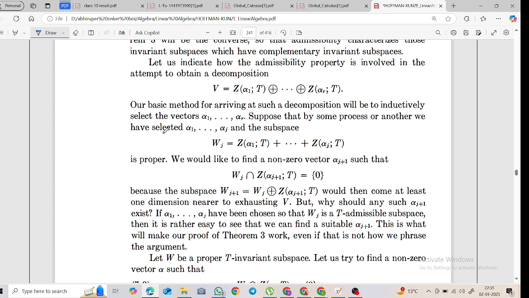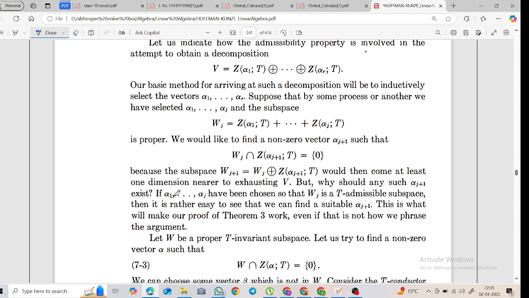Now let us indicate how the admissibility property is involved in the inductive selection. Okay, just give me a minute. Let me see.